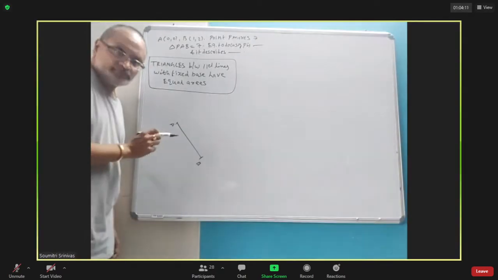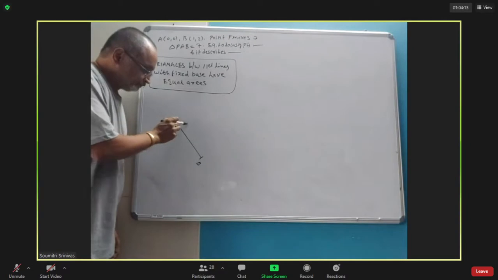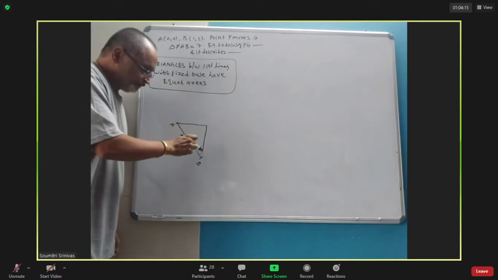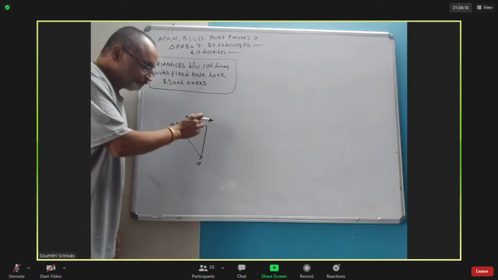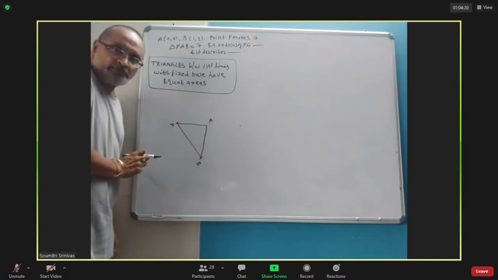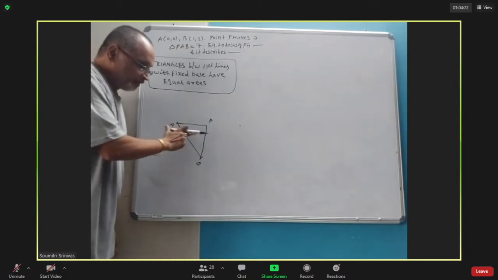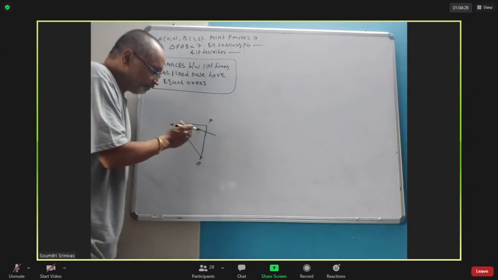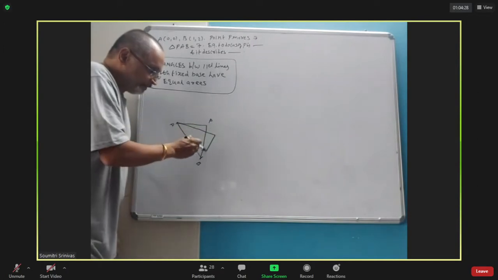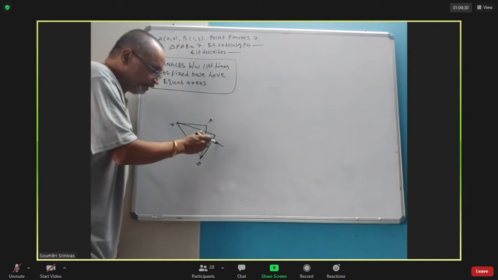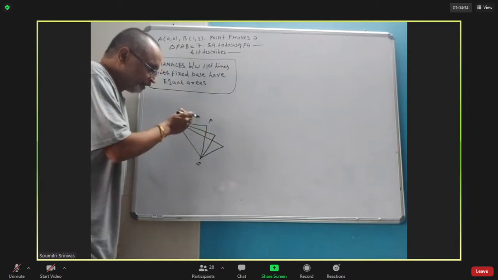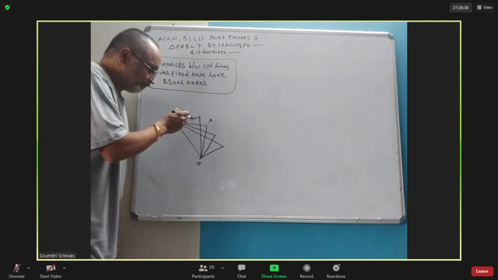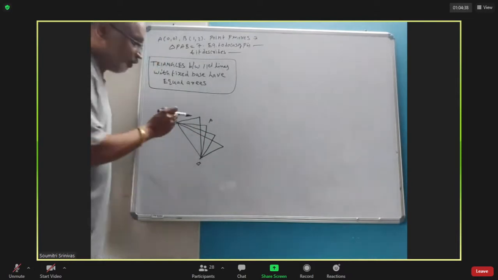Look here. This is P. P cannot go here. P cannot come here. Where can P move? P can move here. Same area. P can move here. Same area. P can move here. Same area. Join all these points.